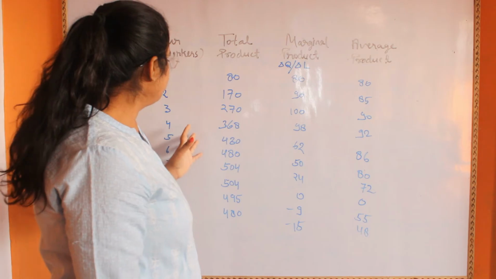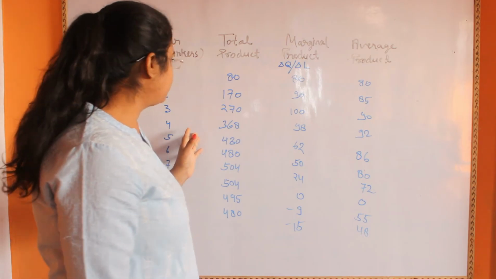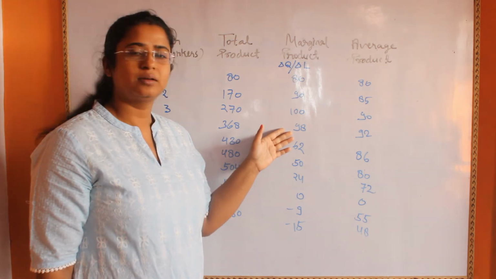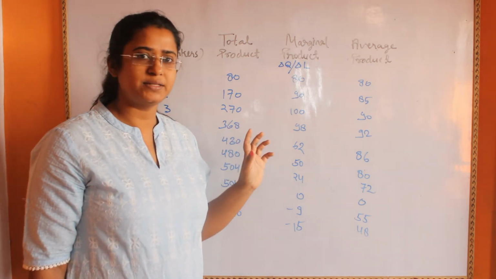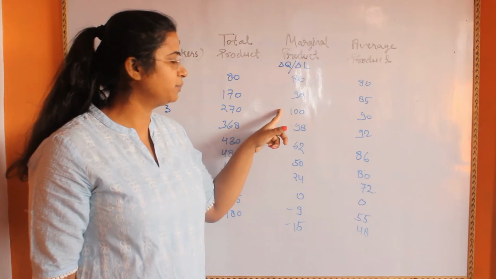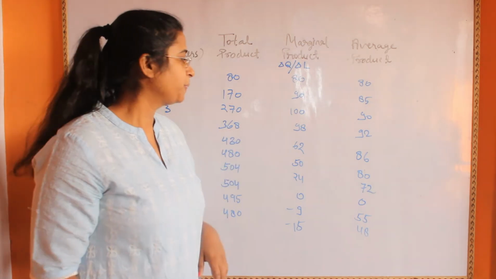But when the firm employs the 4th unit of labor, it starts declining. The productivity declines because at this point the maximum marginal productivity possible is attained.